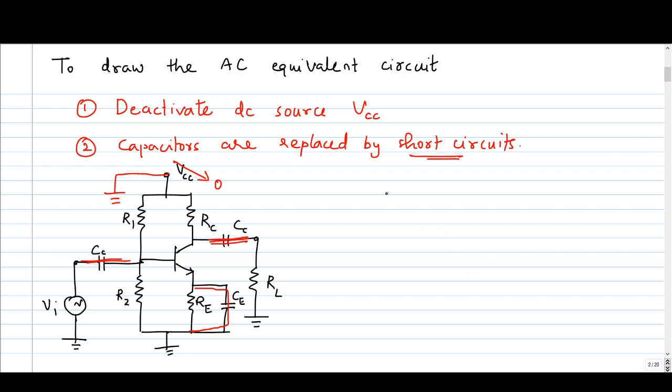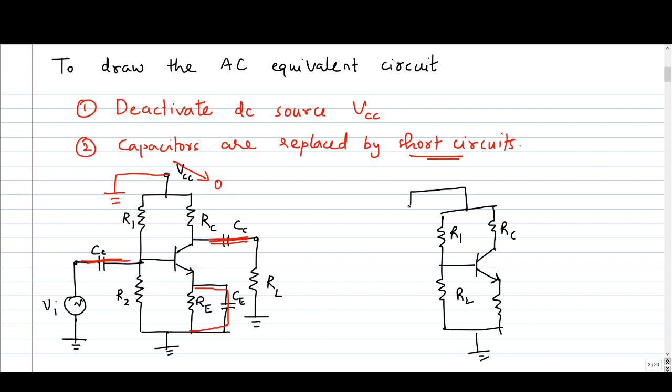If you do that, what will be the network? I have R1, R2 here, and this is RC, this is RE. This terminal is ground. Now this upper terminal was initially VCC, that is now grounded. This is also ground.